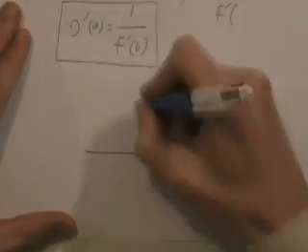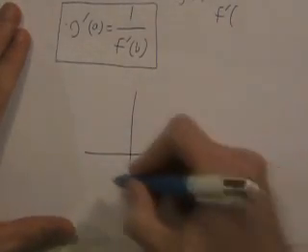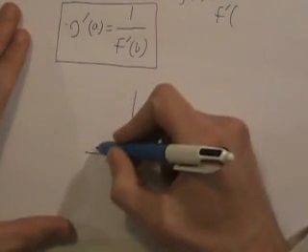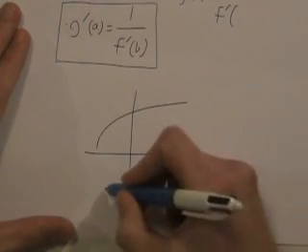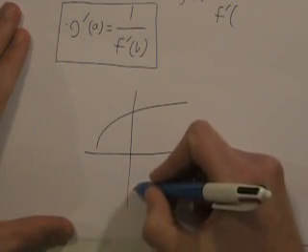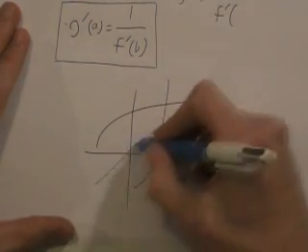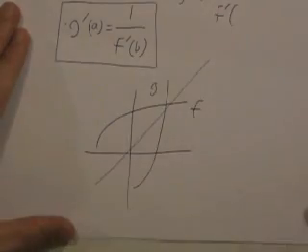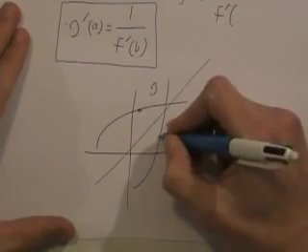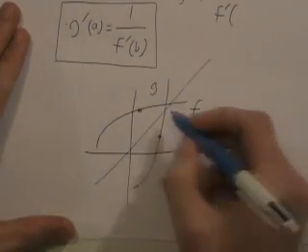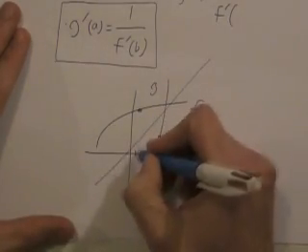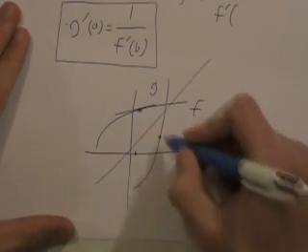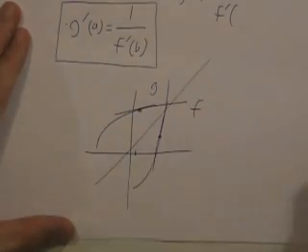Let me just write that out again, just to emphasize that we are doing the second method here. If this is f and this is g, all right, here's that. The correspondence here, g prime of A, which is this thing here, g prime of A was 1 over f prime of B, the other value.